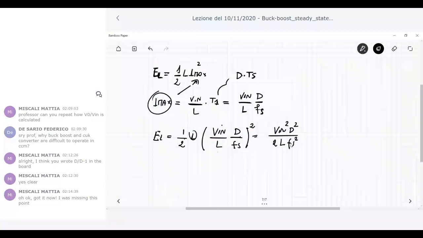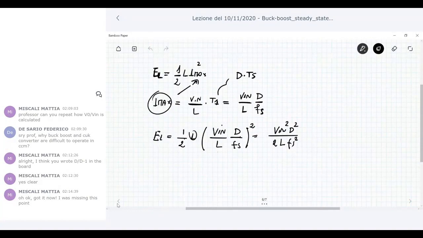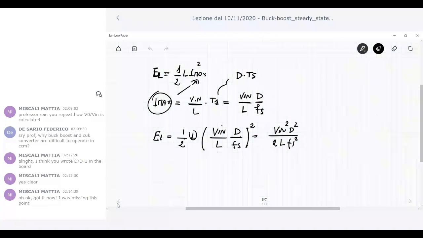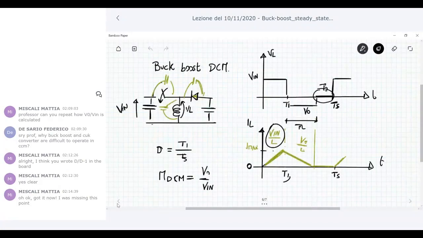So there is an energy transfer between the energy stored during T1 across the inductor and the load during the discharging phase, T2. This is the same energy that you provide at the output side in the second time interval T2. Now look at the current through the inductor. During T2, the current through the inductor goes from Imax down to 0. So the inductor discharges completely during the time interval T2.